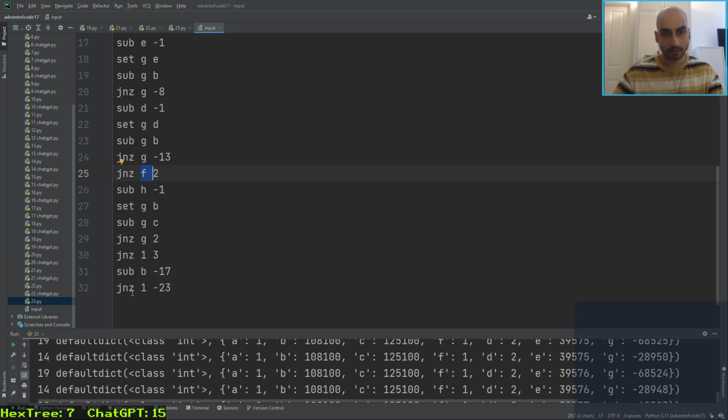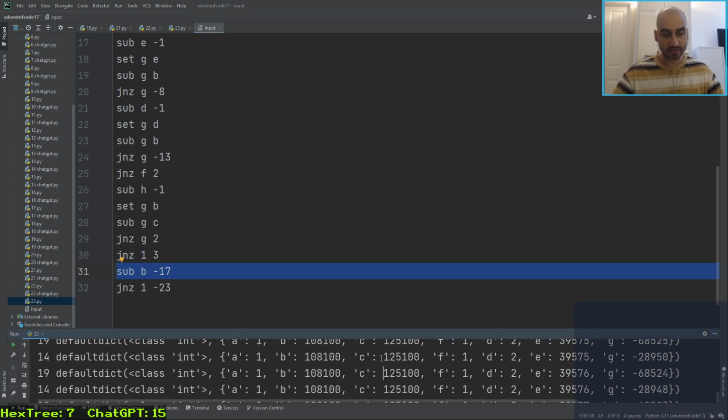Now b keeps adding 17. Alright, starting to see what's happening here. So b starts at 108,100. C is always 125,100. So here we keep adding 17 until b equals c, and that's when the program finishes.